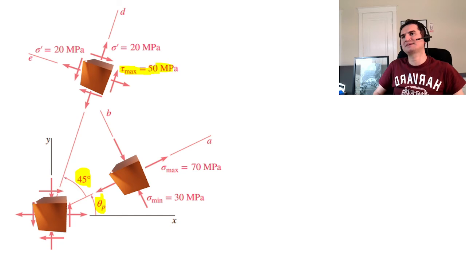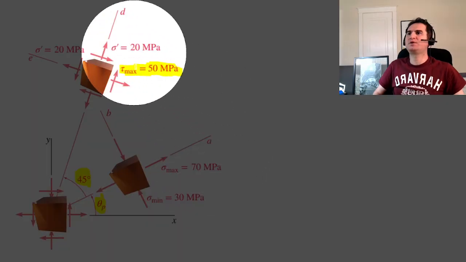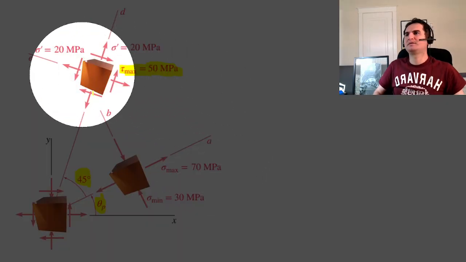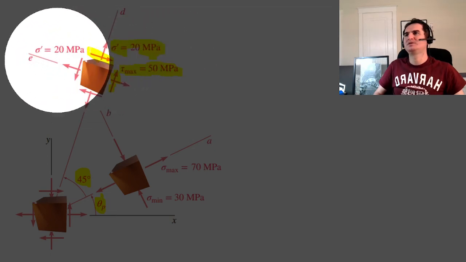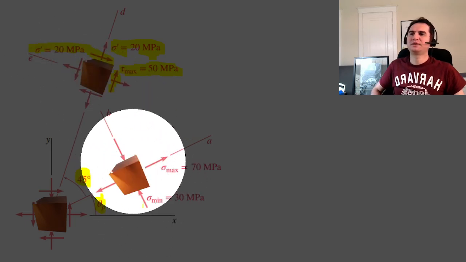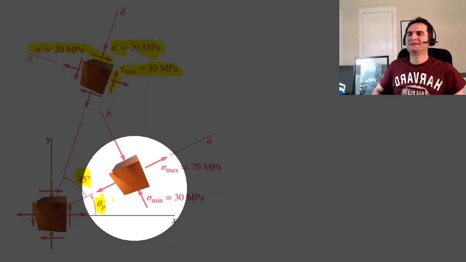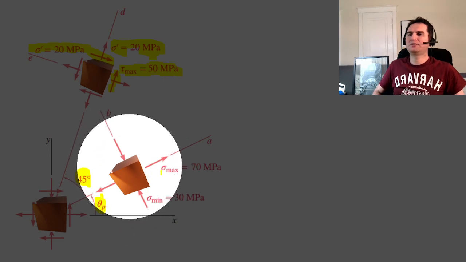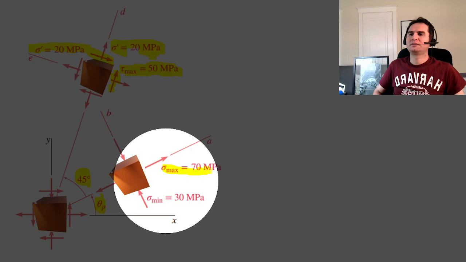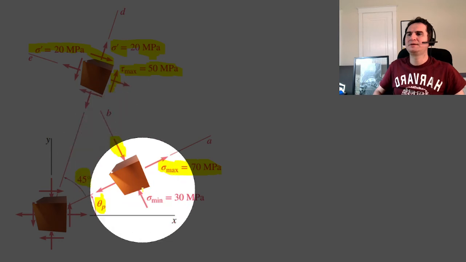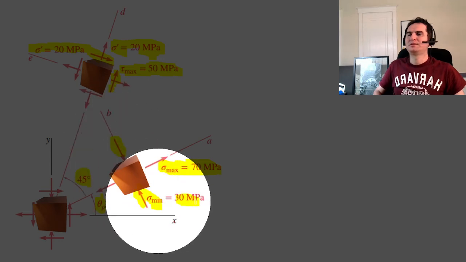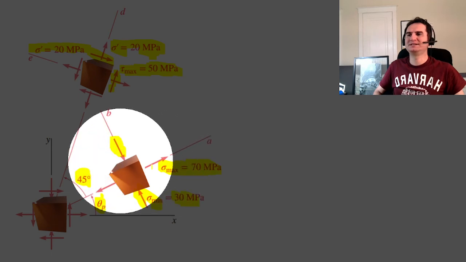So that's the plane of maximum shear, and that's equal to R, and that's tau max. And definitely you do have a sigma prime on that, but in a principal plane or maximum normal, you just have a minimum and maximum normal stress, no shear. That's the concept of principal stresses.